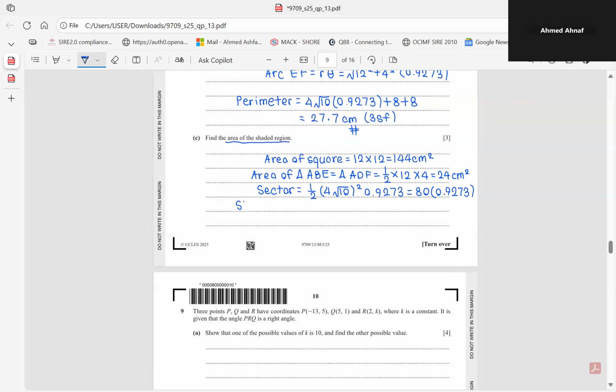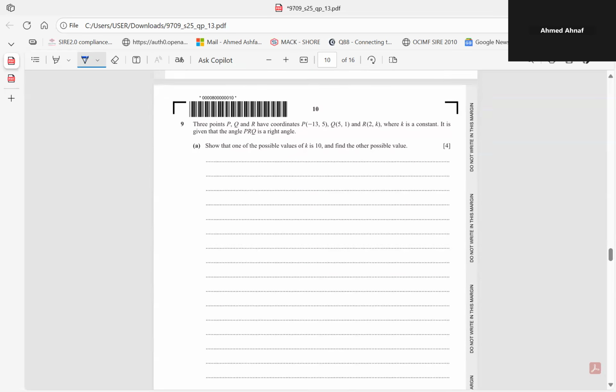Hence the shaded region would just be the area of the square, 144, minus the area of the two triangles, 24 minus 24, minus the area of the sector, which is 80 times 0.9273. Typing it into your calculator, you would get 21.8 centimeters squared to 3 SF. So this would be our final answer for this part. Let's head on to the next question.